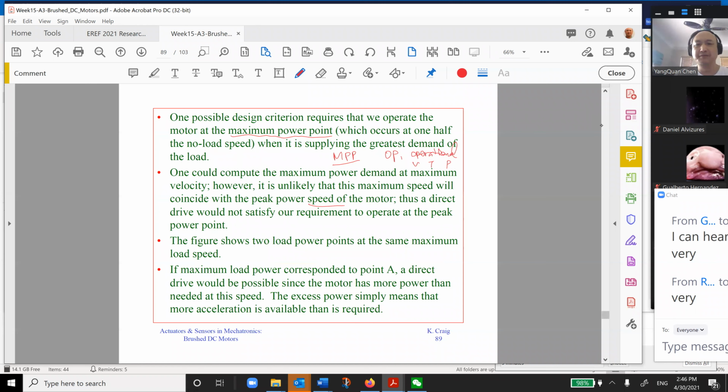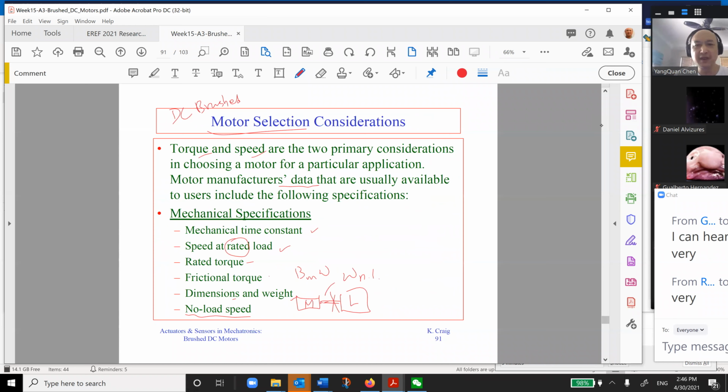I think I said all these points. So the last thing we should say about brushless DC motor is, when you choose one, you should consider a few factors, okay? How much torque you need, what your load characteristics are, and how much speed you need.